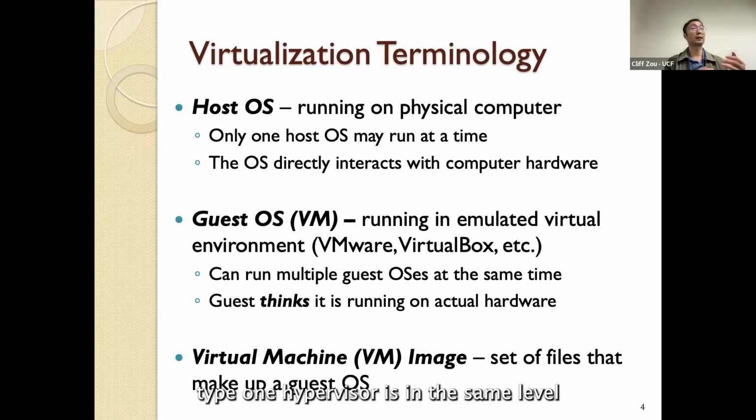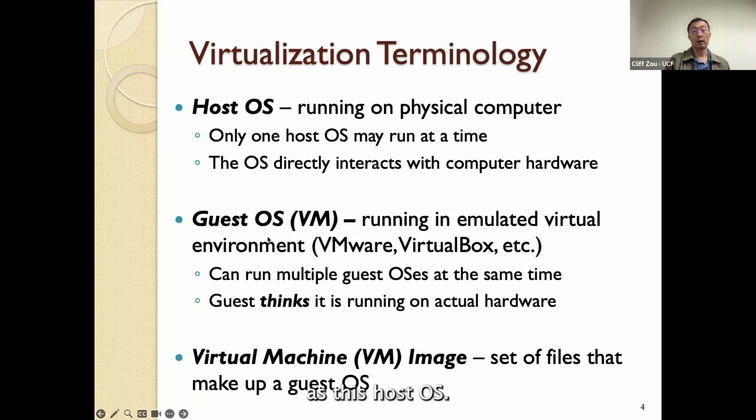Type 1 hypervisor is at the same level as this host OS. The guest OS is running in the virtualization software that you installed in your host OS. So we say it's a virtual machine. We usually just say VM. We use VM a lot.